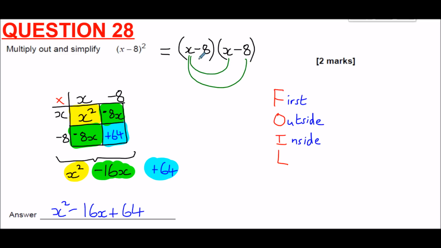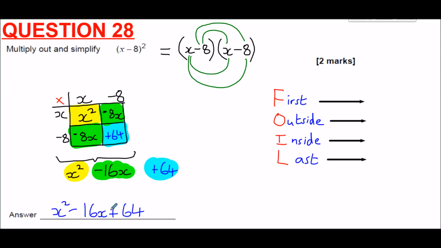If these bits are the outer parts, the inner bits are here. Finally, L stands for last. The last things in each bracket, which in this case, the last thing in the first bracket is -8. The last term in the final bracket again is -8. And so what we can do here is just write down what the first thing is, what the outside thing is, what the inside is, what the last thing is when we multiply them together.